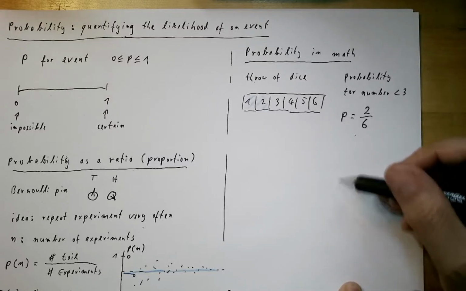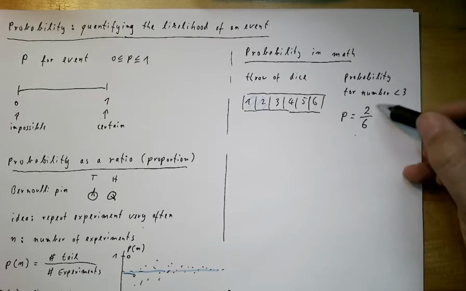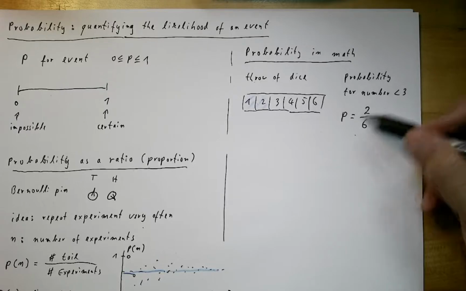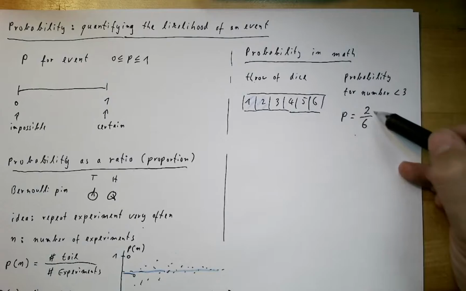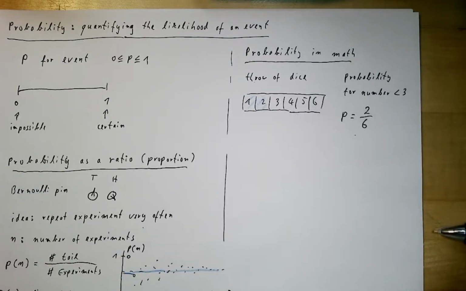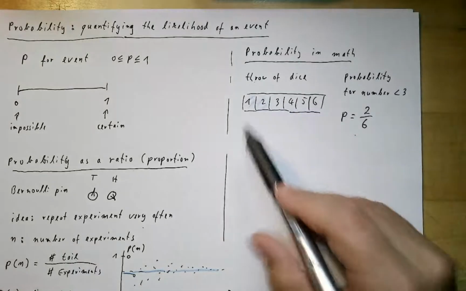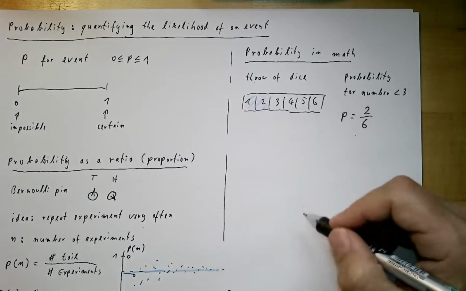So we see, again the probability is a ratio, but in order to obtain this ratio, we don't have to make many repetitions of an experiment. The only thing we have to do is count the sizes of sets. We have the set of all possible outcomes, and then we have the set which defines our event.